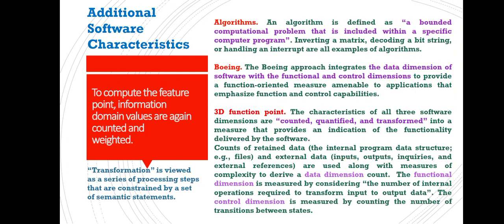The next one is additional software characteristics. In order to compute the feature point, information domain values are again counted and weighted, as we are now considering the functional as well as control dimensions.